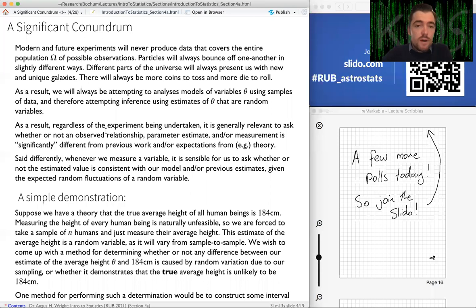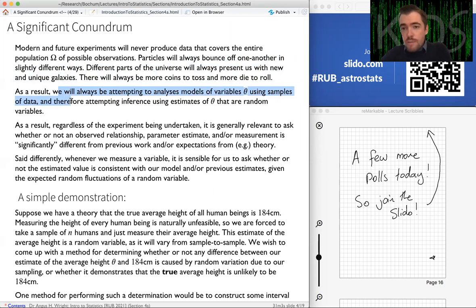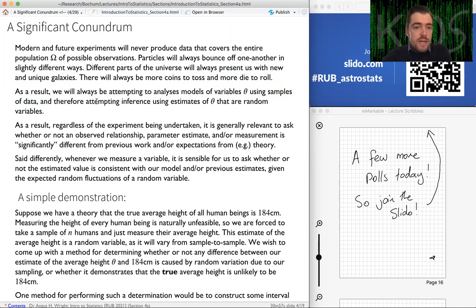Because there are always different ways that particles bounce off one another, and always different galaxies to observe, we're always trying to infer a parameter theta from an incomplete sample of observations. And those estimates of theta are themselves going to be random variables.